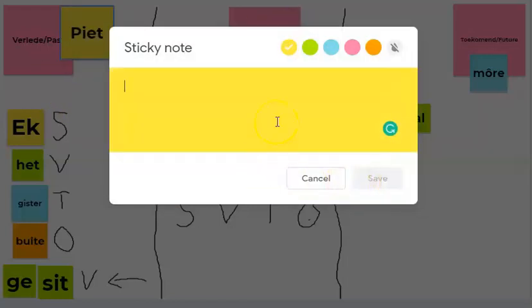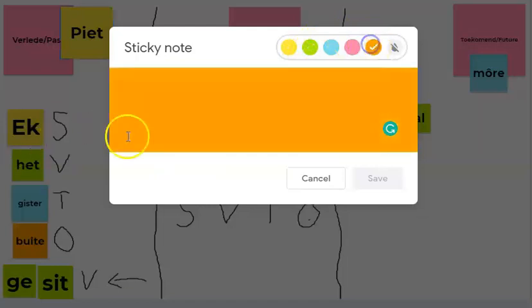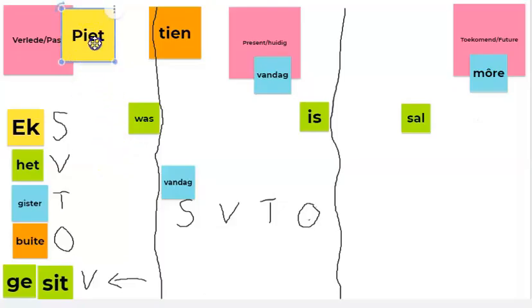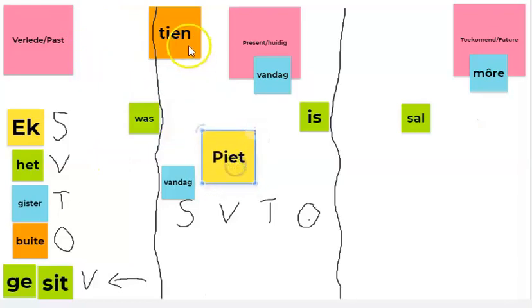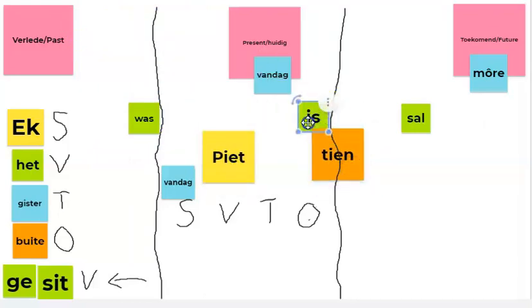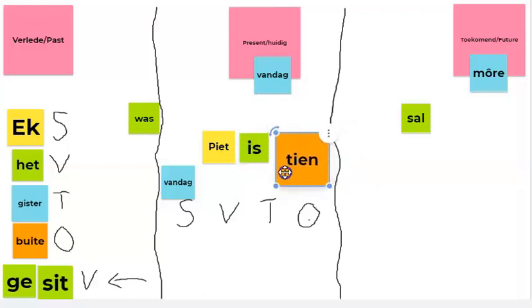And I'm going to give him his age, how old he is. All right. Good. Let's have a look. We have Piet, and we have is, and we have 10. So what I'm saying is Piet is 10.